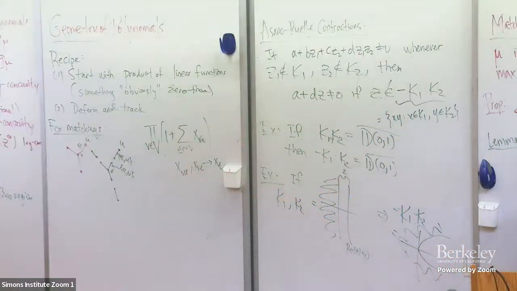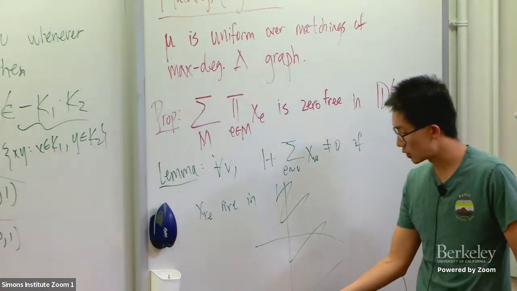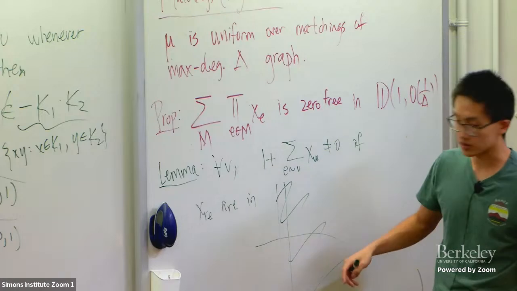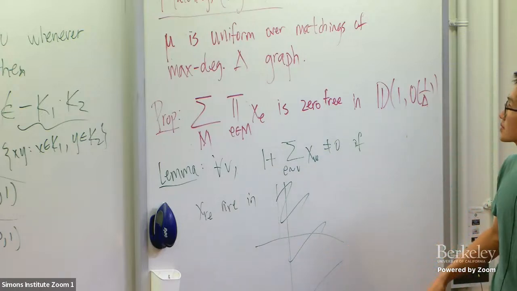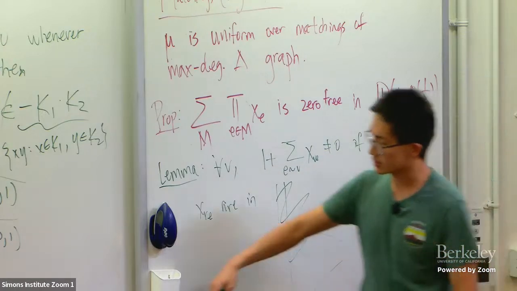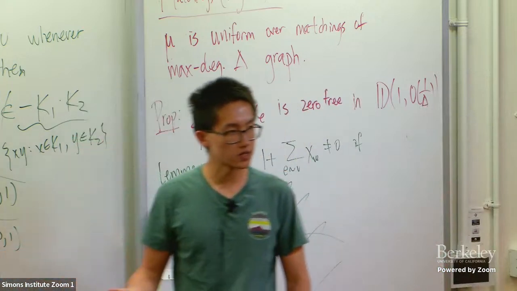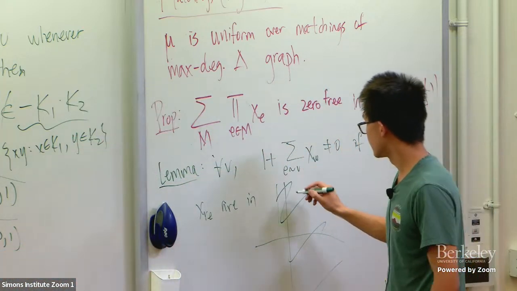So for all vertices v, 1 plus the summation over e of x_{v,e} is non-zero in a zero-free region of this form, where the epsilon depends on the degree.